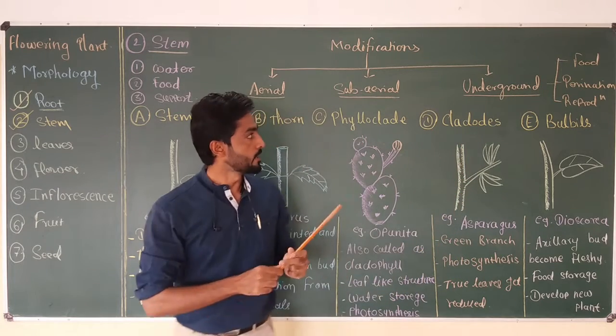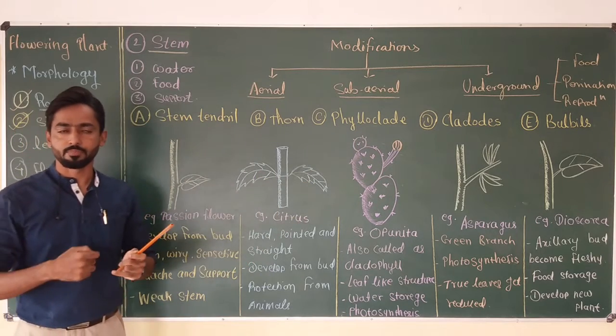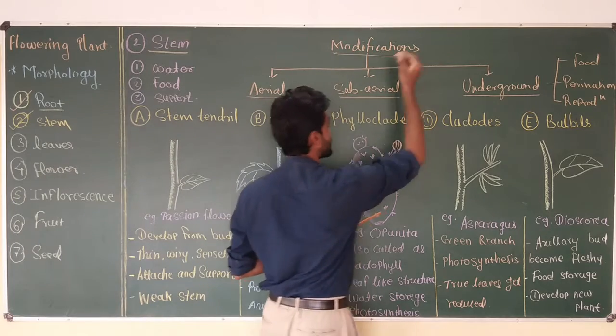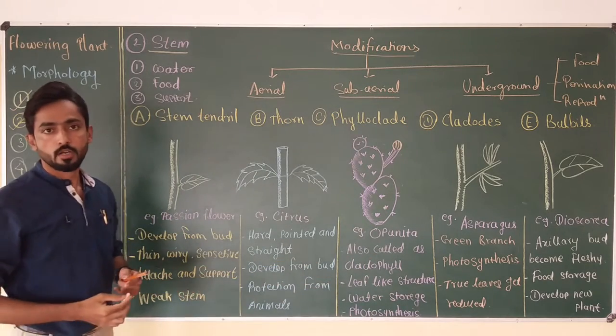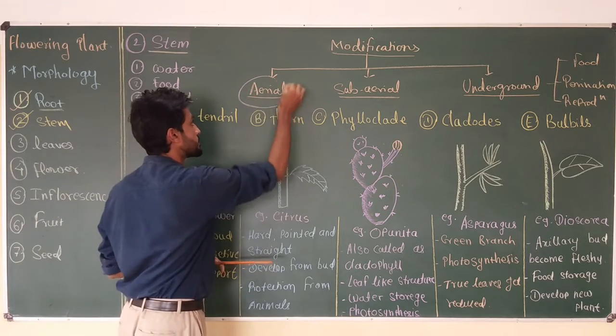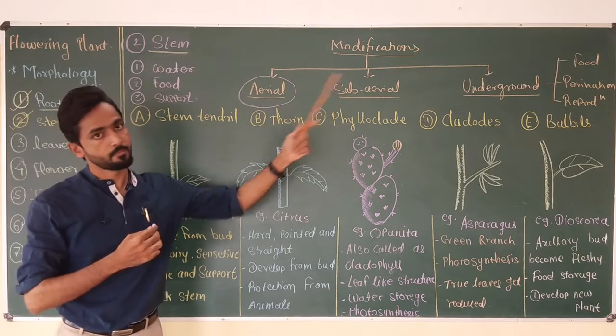Okay, so in all these types of modification, structural changes are observed in the stem. So we consider them as modifications. In this video, we are going to talk about the first type of modification, that is aerial modifications. In my next video, I'm going to discuss subaerial and underground.